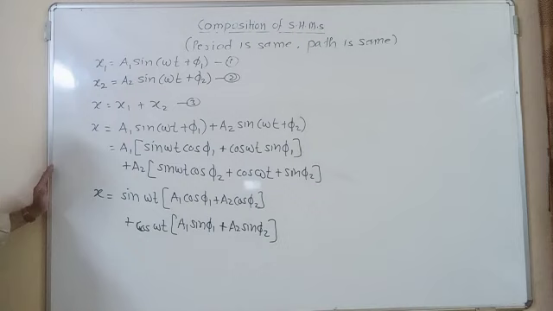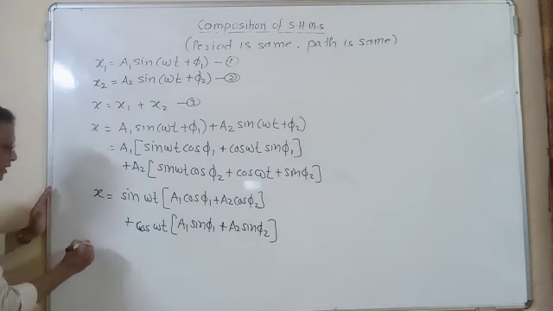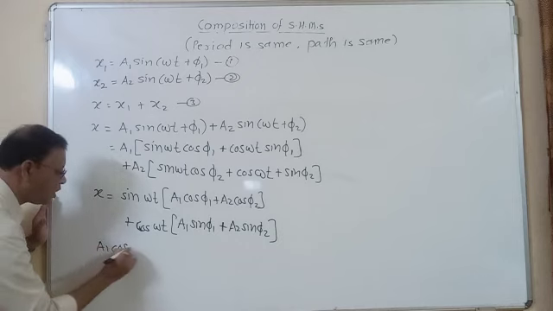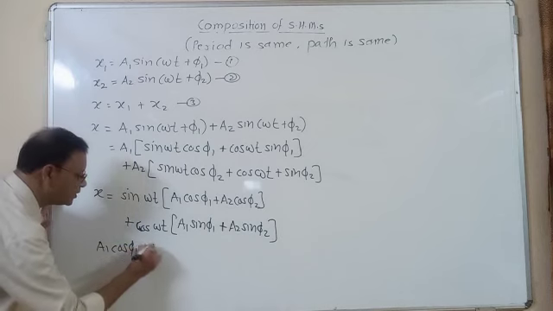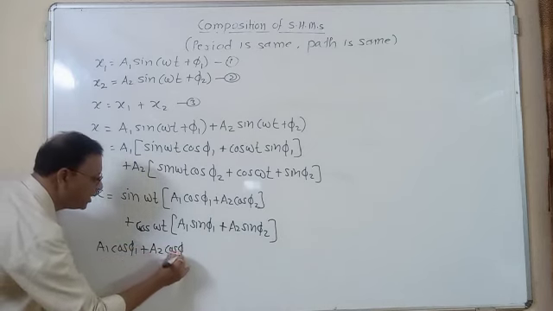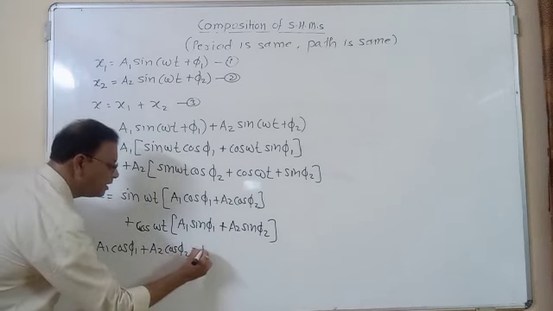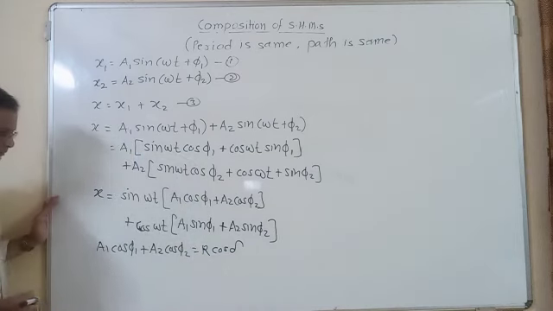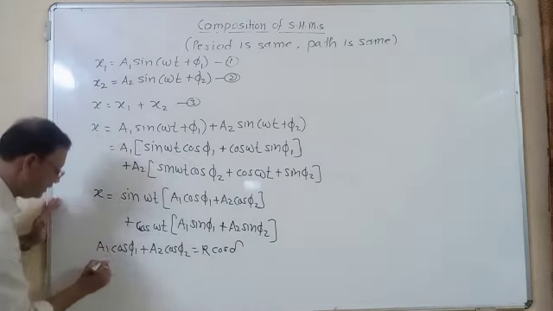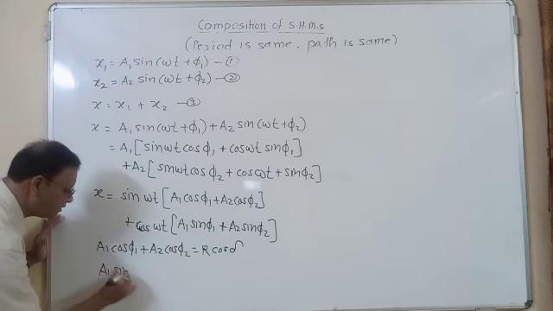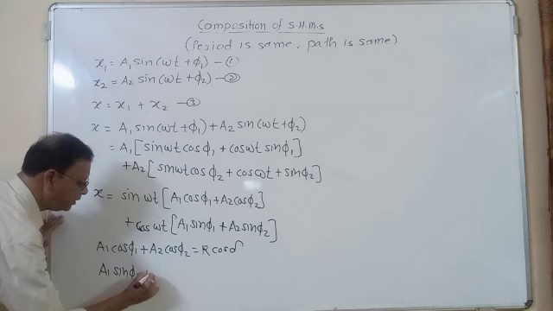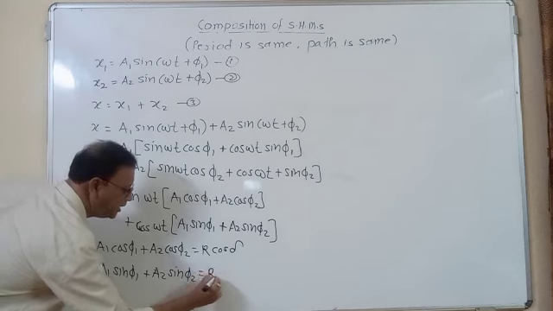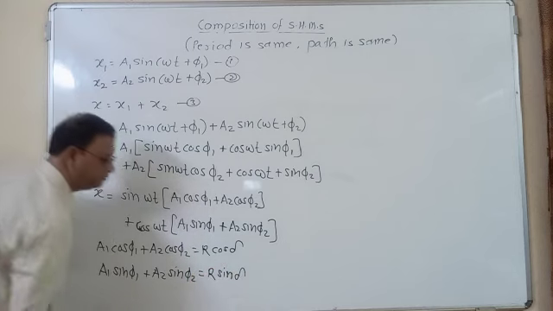Now we can consider a1 cos phi1 plus a2 cos phi2 as R cos delta, and a1 sin phi1 plus a2 sin phi2 as R sin delta.